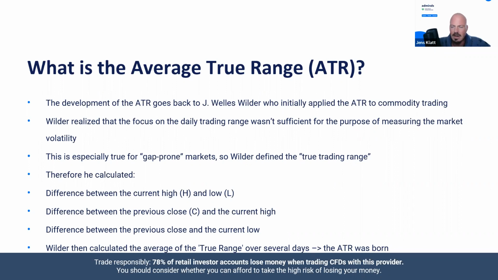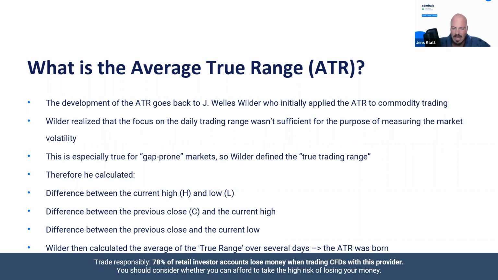So coming back to the ATR, what Wilder did was he calculated the difference between the current high and the low of the day, or not necessarily the day, depending on which time frame you look at. This is also true for 5-minute charts, hourly charts, and so on. He also calculated the difference between the previous close and the current high, then the difference between the previous close and the current low.